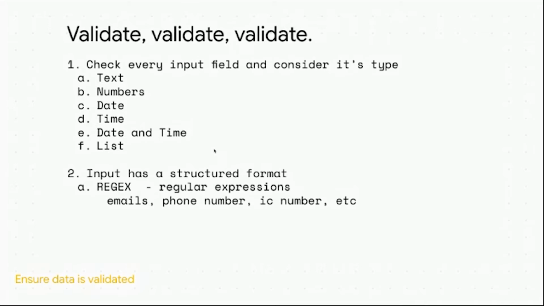Now, if you need to go one step further, we can also consider making use of regular expressions if it has a particular fixed format or structure. An example of this would be emails. Emails have a structured format. Phone numbers, our local phone number has a structured format as well, and so on. Now, if you attended Desmond's talks earlier, you will be able to learn how you can use regex in this case.